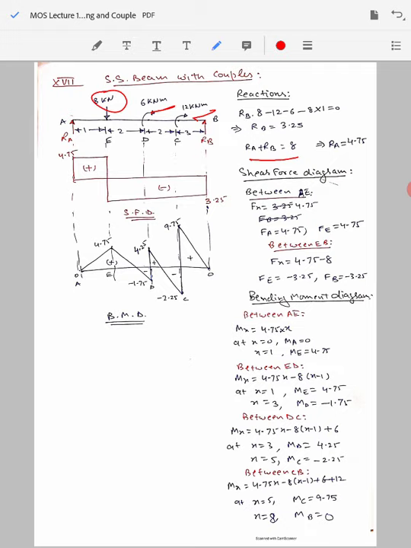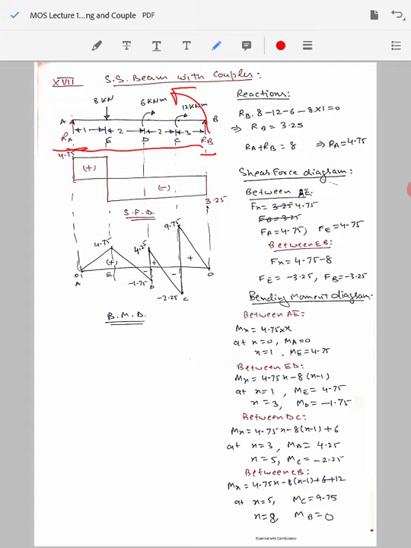So let's take the moment about the point A. Rb is the support reaction which is acting at a total distance of 8 meter from the point A, and it is acting in an anti-clockwise fashion. So Rb into 8 is the moment created because of the support reaction Rb about the point A, and this is in an anti-clockwise direction.